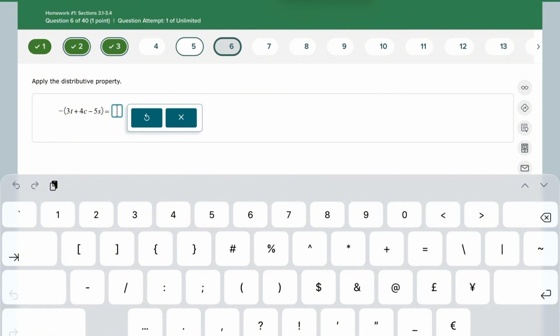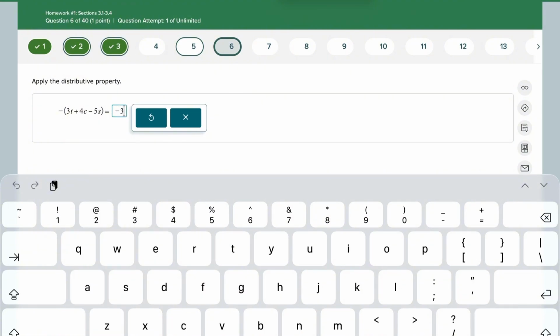So I get minus 3t minus 4c. And then the minus next to the 5 changes to a plus. So that would be plus 5s.